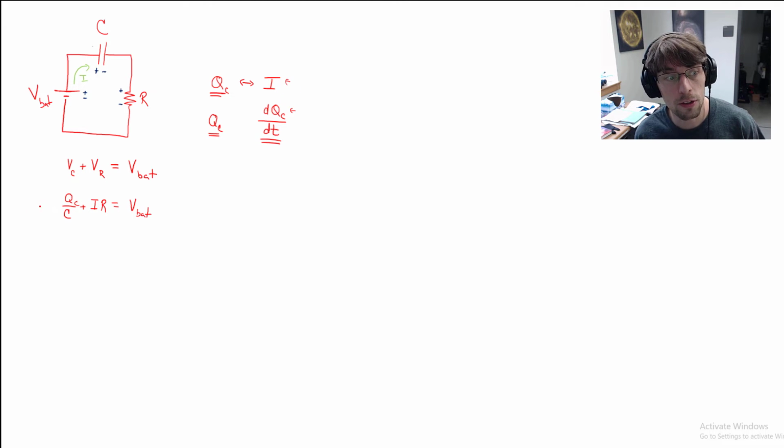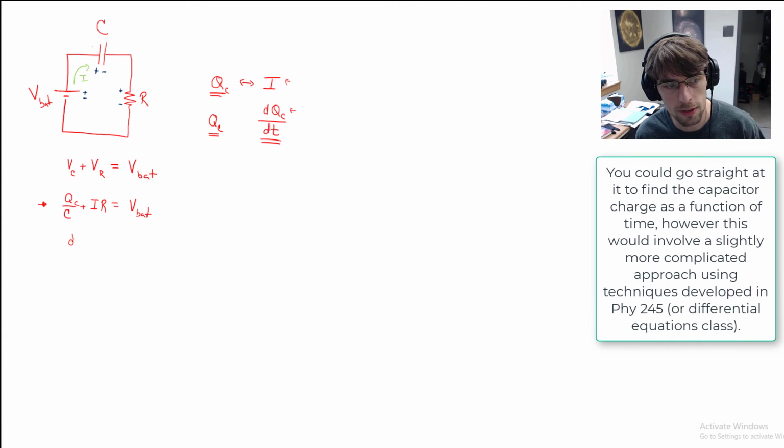I'm going to do one more thing right here. We have a couple different ways of going at it. The way that I'm going to go at this equation is I'm going to take a derivative of both sides. So in other words, I'm going to get dQC/dt, and I have a 1 over C in front, plus I have an R, dI/dt, equals... now here's the reason I did this, it just makes it easier to figure stuff out.